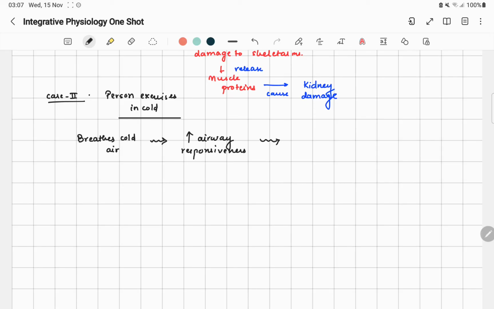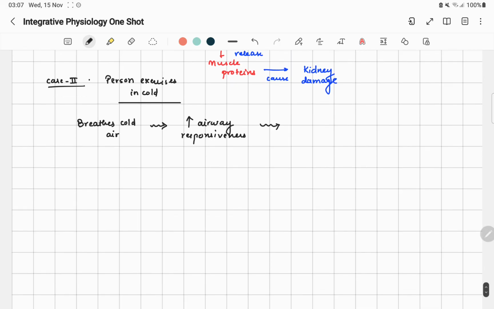Different particles will not be filtered out, and it may lead to obstructive lung diseases. Understood?